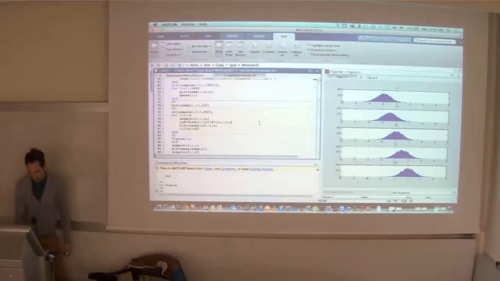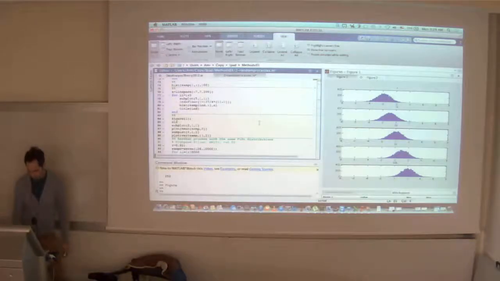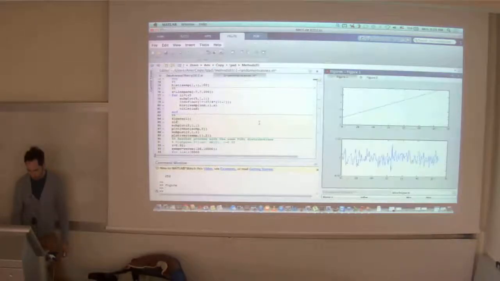These are all the points, this is the mean over time, and this is the variance over time. We can see that the mean is exactly the linear function that was underneath and composed this signal, and the variance seems like it fluctuates a lot, but actually everything here is around 1.